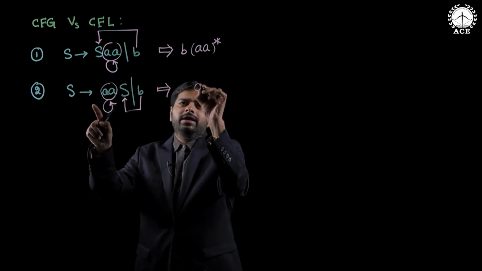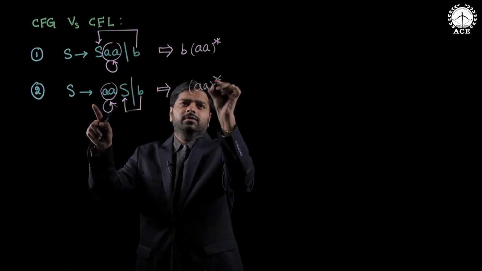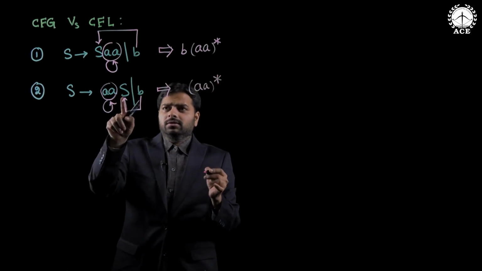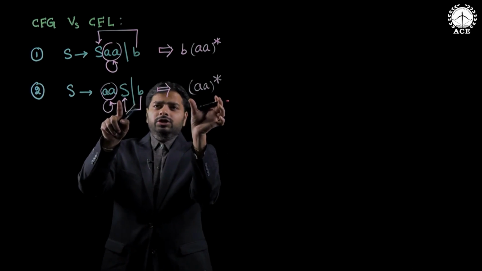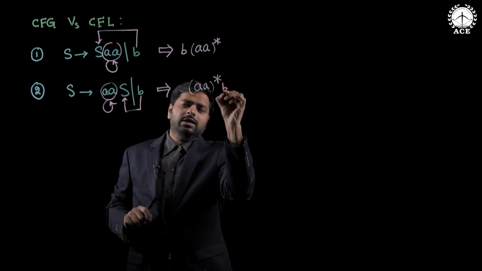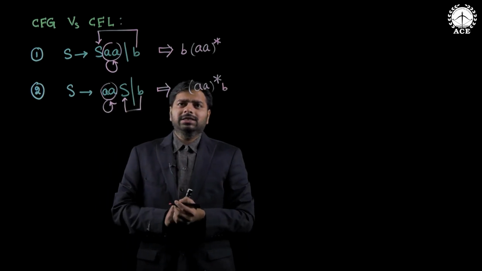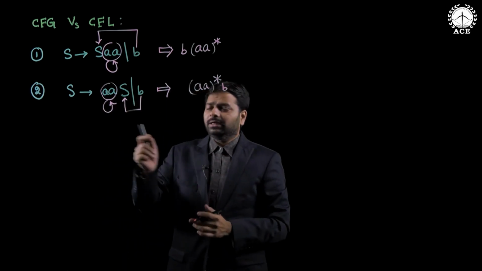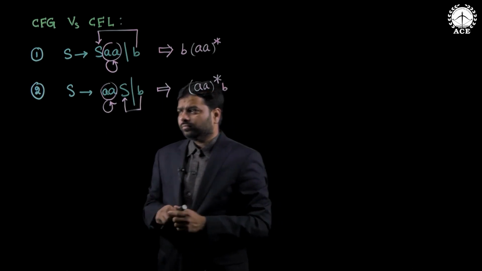That is AA whole star, but the recursion stops when you replace S with B. So, that B should come after AA, and this is the language generated by the second grammar.